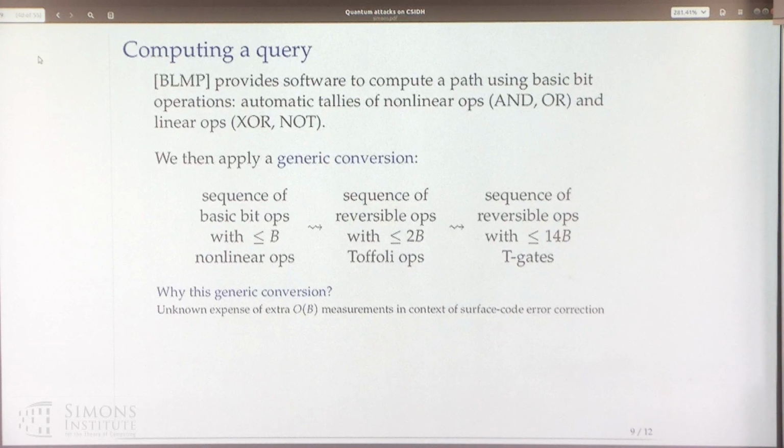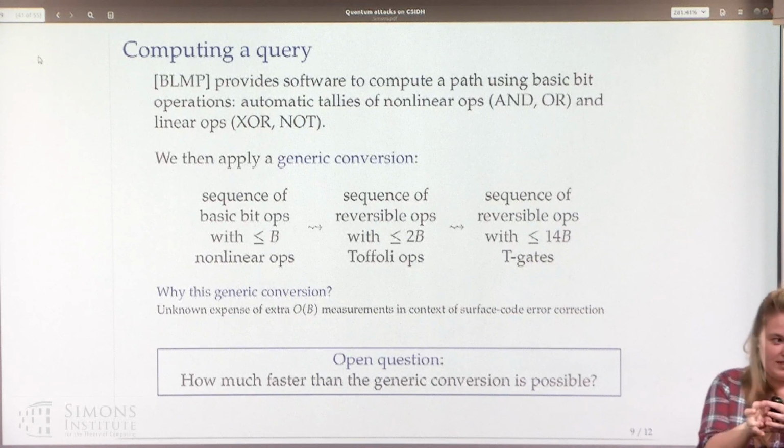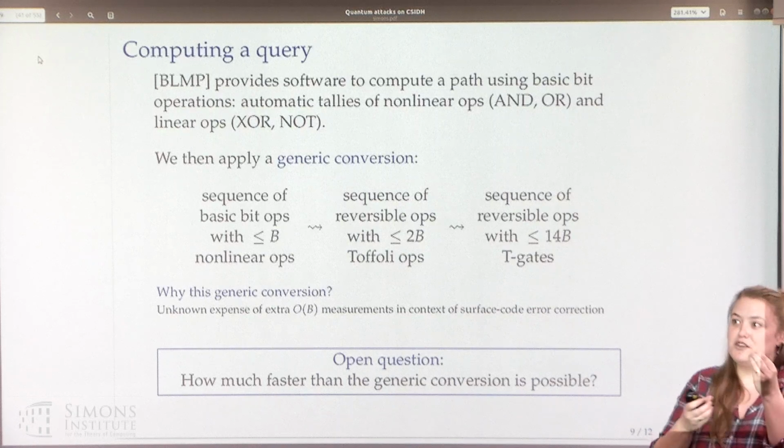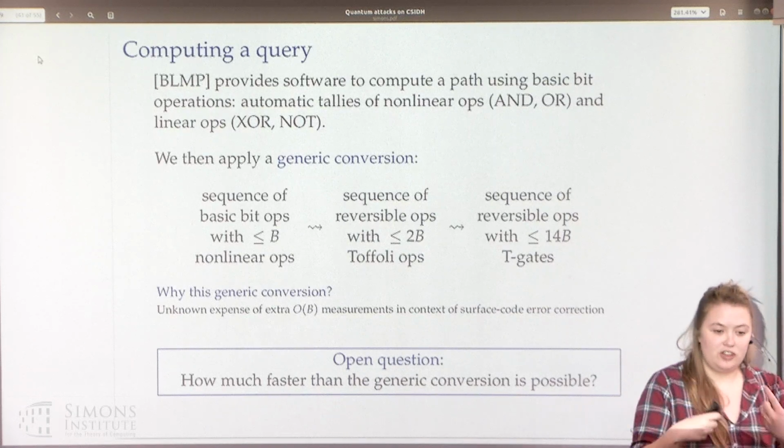But this is what we've done with our algorithm. So we take our classical algorithm, we apply this generic conversion to get a quantum algorithm. And of course, it's possible to do this faster. I don't know how much faster. I mean, we saw a great example on Saturday in the Q-sharp talk that when you really focus on the arithmetic that's faster for quantum operations, you can do a lot better.